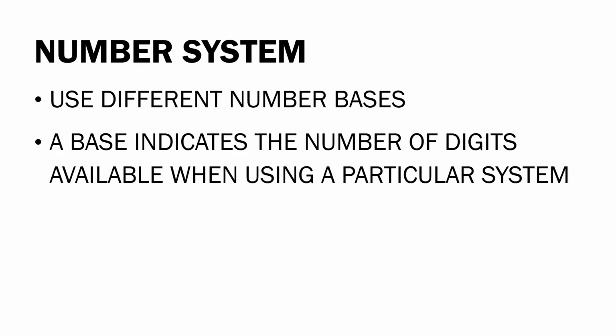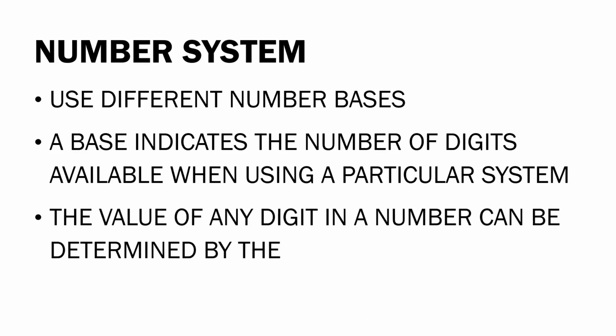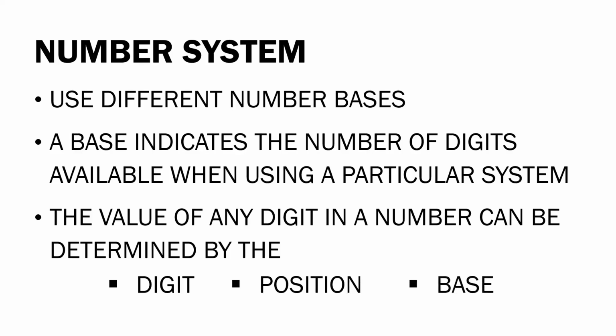Octal is a base 8 number system which uses digits 0 to 7. And hexadecimal is a base 16 number system which uses 10 digits from 0 to 9 and the first 6 letters of the alphabet A, B, C, D, E, and F. And the value of any digit in a number can be determined by the digit, the position, and its base.